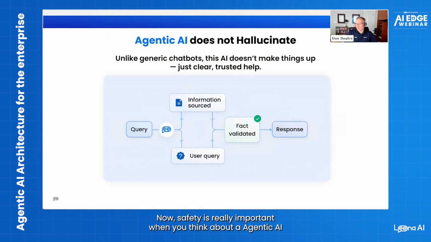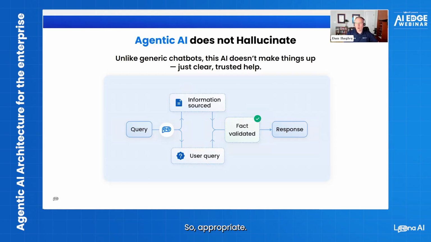Now, safety is really important. When you think about agentic AI inside of the enterprise, taking a fact-based approach is incredibly important. This is true both when you're thinking about knowledge retrieval and retrieving knowledge on my behalf. Go find me a document, go find me a policy, go find me an answer to a question that I might ask.